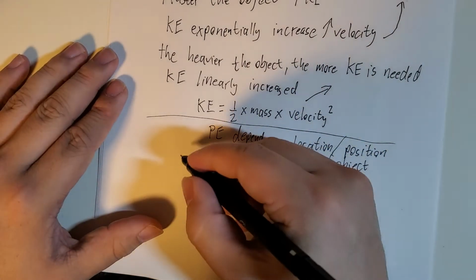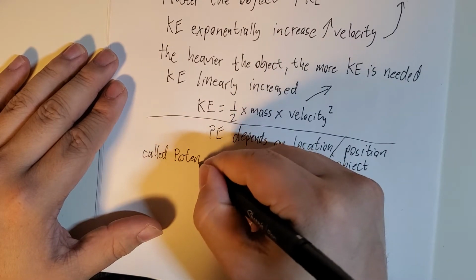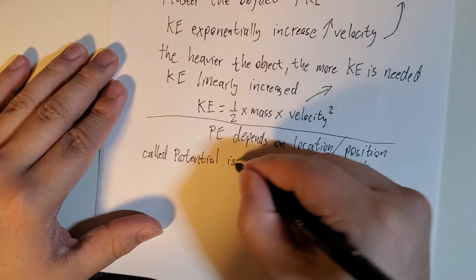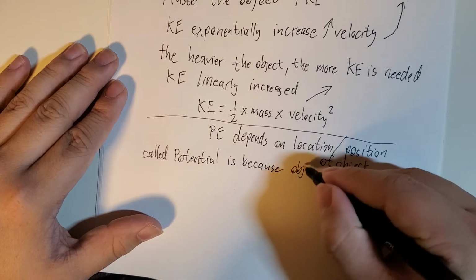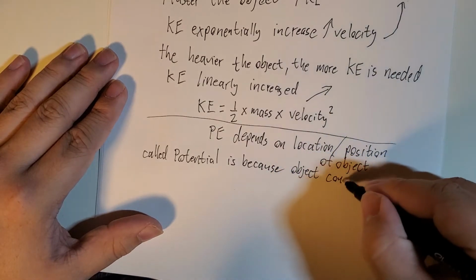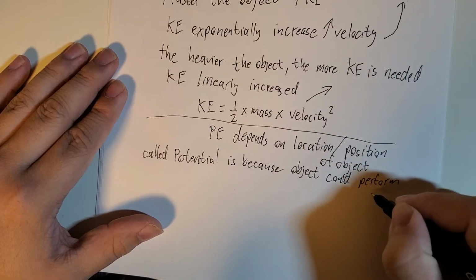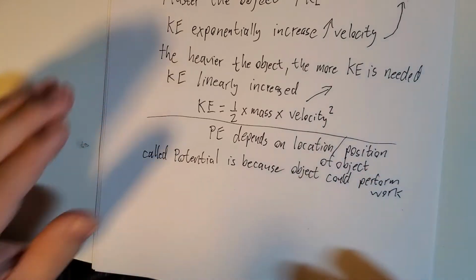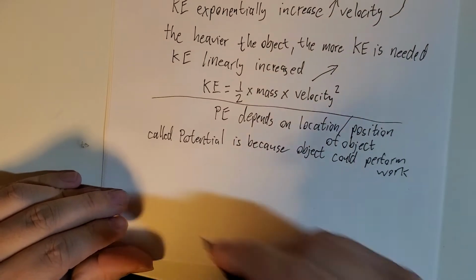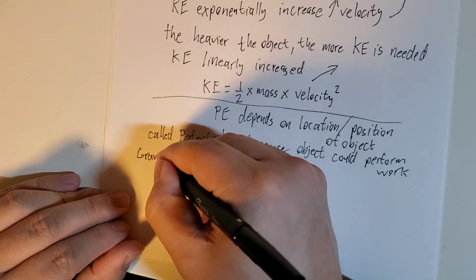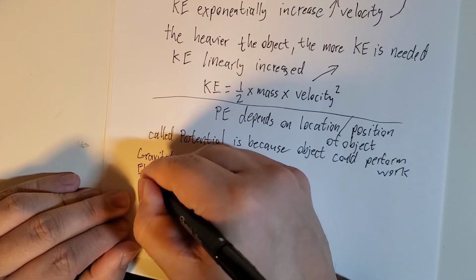The reason we call it potential is because the object has the potential to do some work. So how does this work? We can further break down potential energy into two other types. You've got gravitational, and we've got elastic.